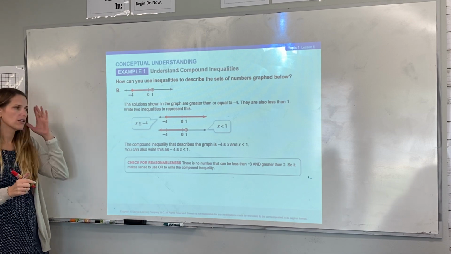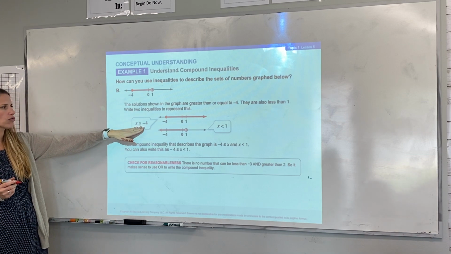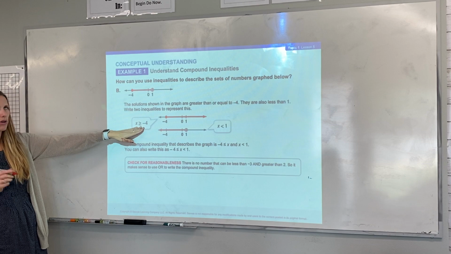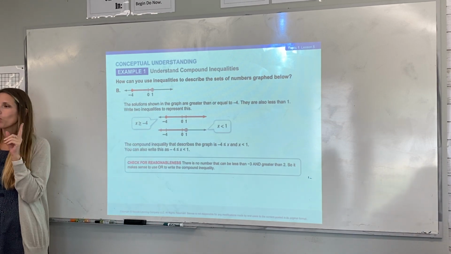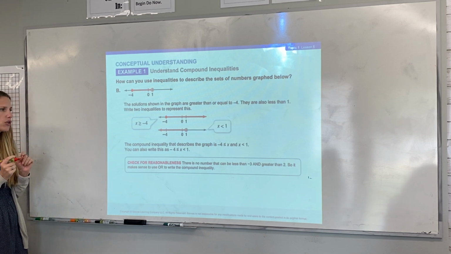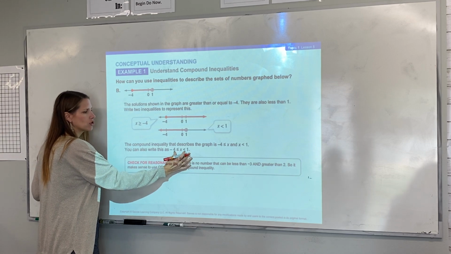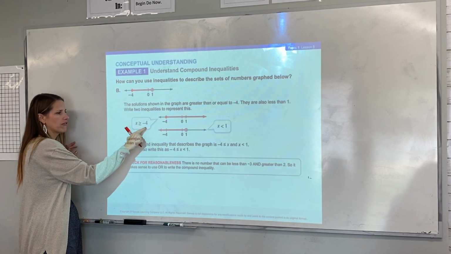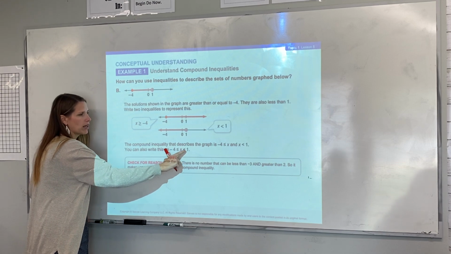All right, so we could say X is greater than or equal to -4, and X is less than 1, but the way we write it mathematically is we say X is in between these two values. The -4 is included, the 1 is not.